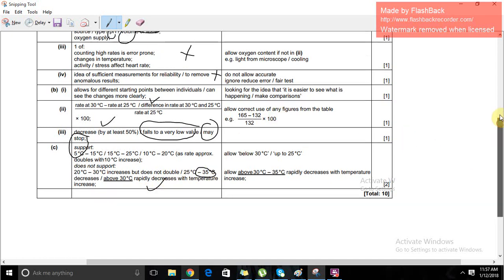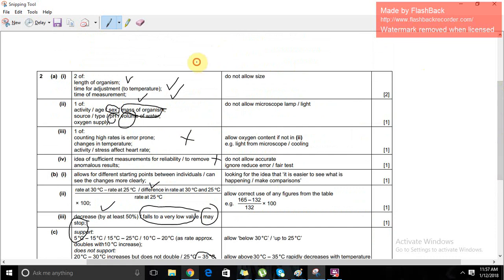So we get 2 marks for this, 1 mark for this. Let's go with 0.5 for this, and 0.5 marks for this. 1, 1, 0, and 2.